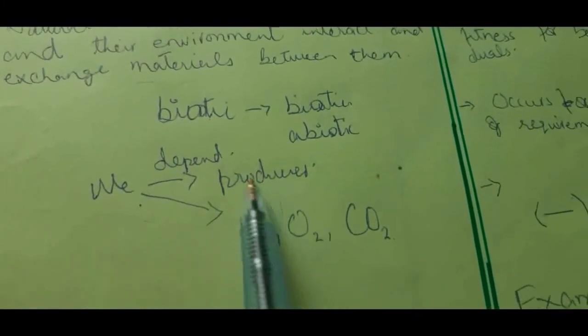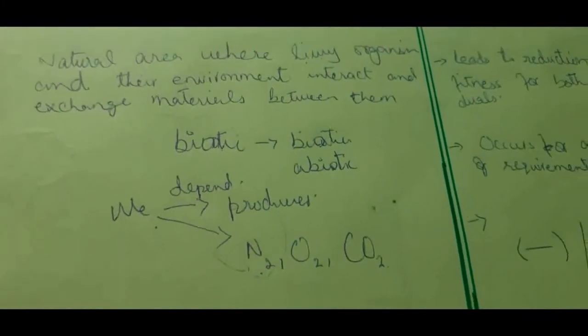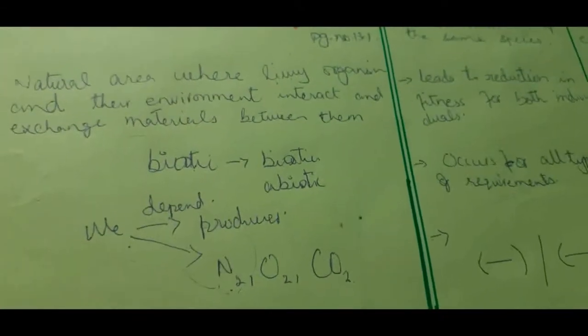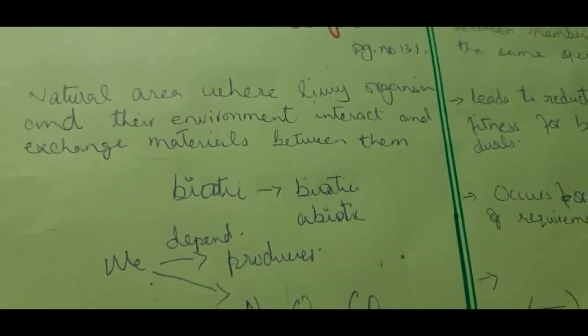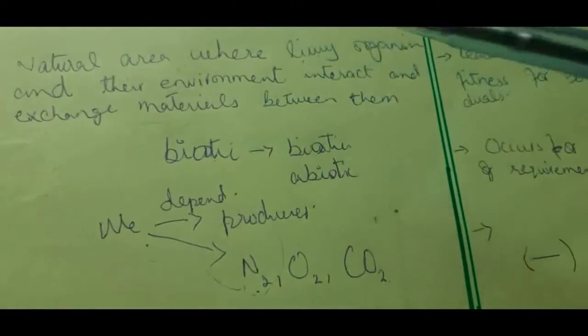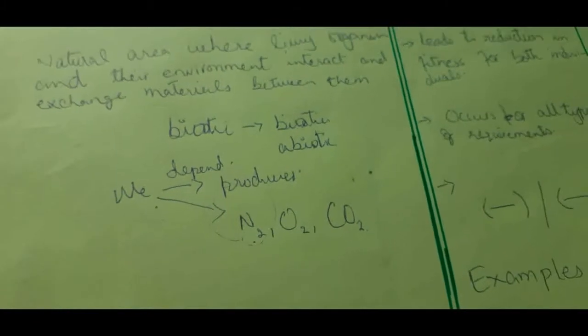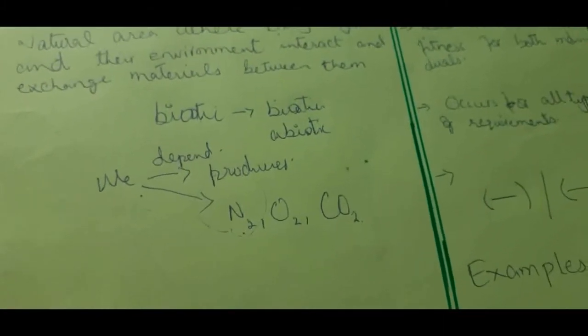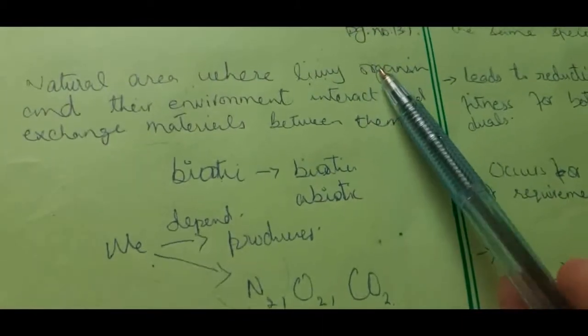Sometimes it changes into other forms. If you remember all your nitrogen cycle, oxygen cycle, carbon cycle. So that is the case. That was an ecosystem. So ecosystem is a natural area where living organisms and their environment interact and exchange materials between them. For what purpose? For their survival.